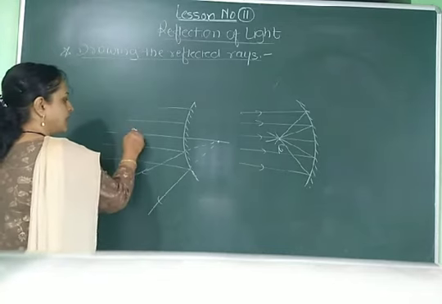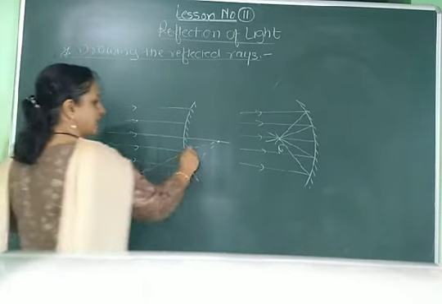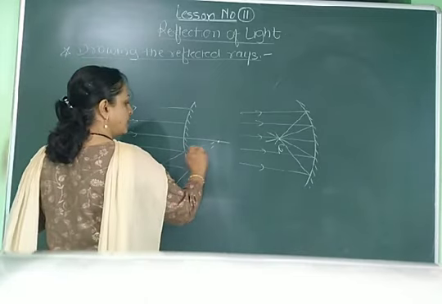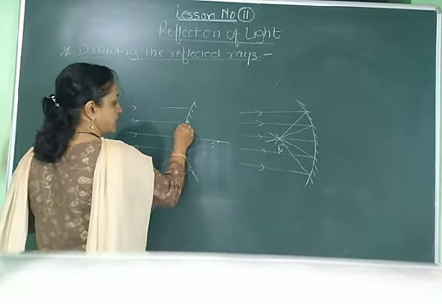These are the incident rays, and these reflected rays are supposed to be emitting from this single point which is behind the mirror, and this point is also on the principal axis.